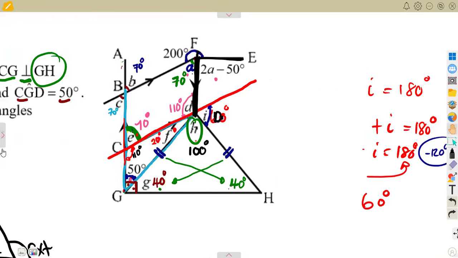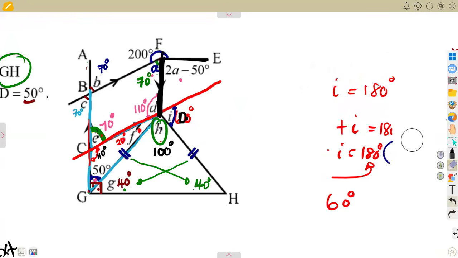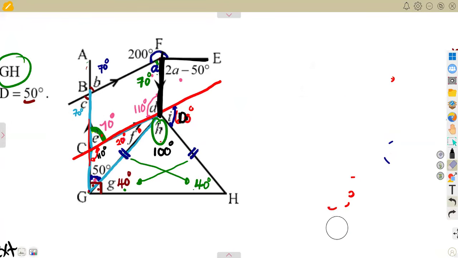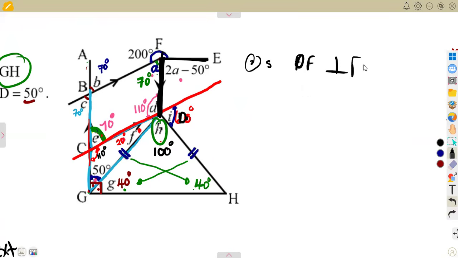So let's prove that. How can we prove that? Given that DF is perpendicular to FE, you need to show that this angle DFE is equal to 90 degrees.